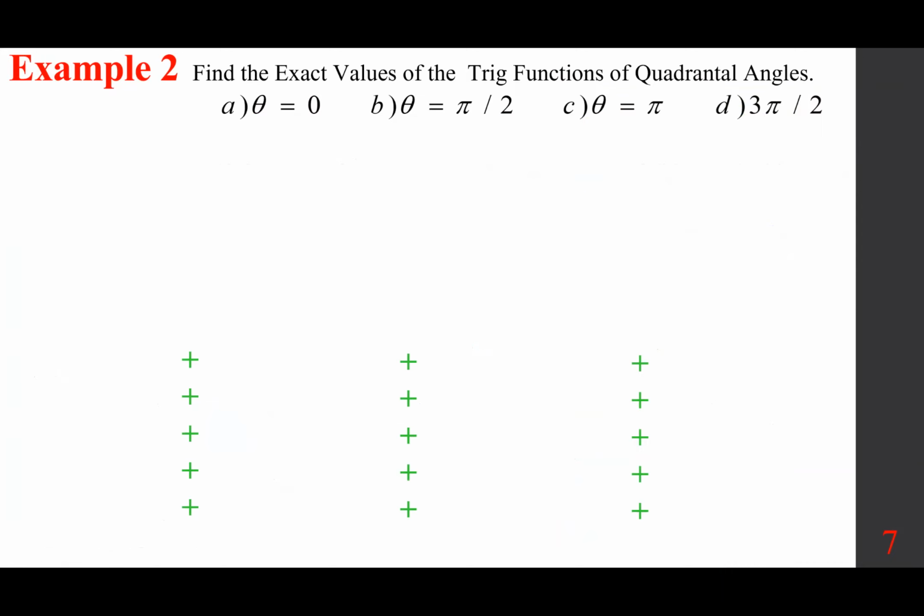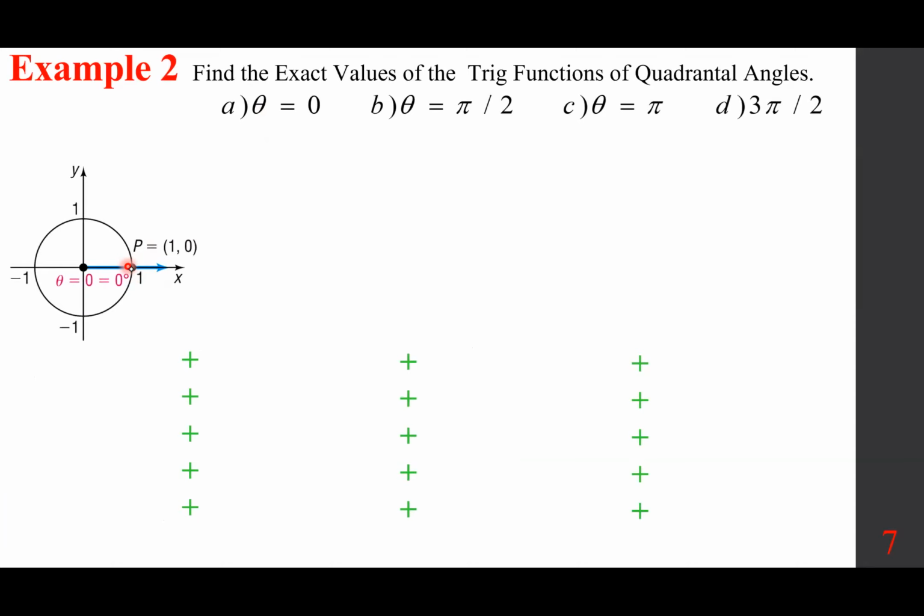All right, we want to find the exact values of the trig functions of quadrantal angles. Theta equals 0, pi over 2, pi, 3 pi over 2. All right, we just start with the first one. When theta is 0, the coordinates for this point P is 1, 0.